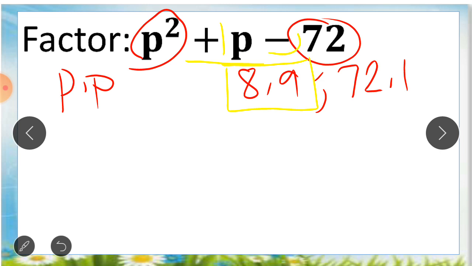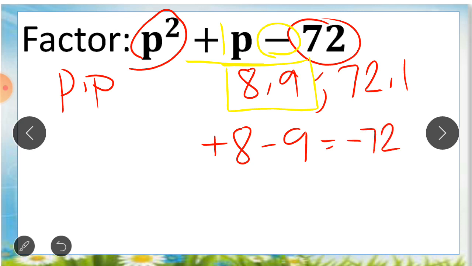So the last term is negative, so we know that the factors have unlike sign. One is positive and one is negative. So if we do it like this, positive 8 and negative 9 will have negative 72. But if you add this, the result will be negative 1.